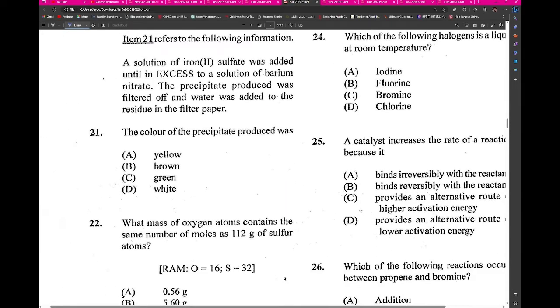The solution of iron sulfate was added in excess to a solution of barium nitrate. The precipitate produced was filtered off and water was added to the residue in the filter paper. The color of the precipitate, right? So looking at the color of the precipitate formed, this would be barium sulfate. Barium sulfate generally should be white.